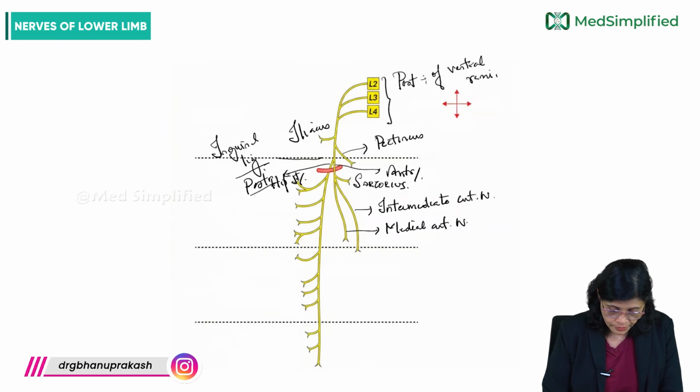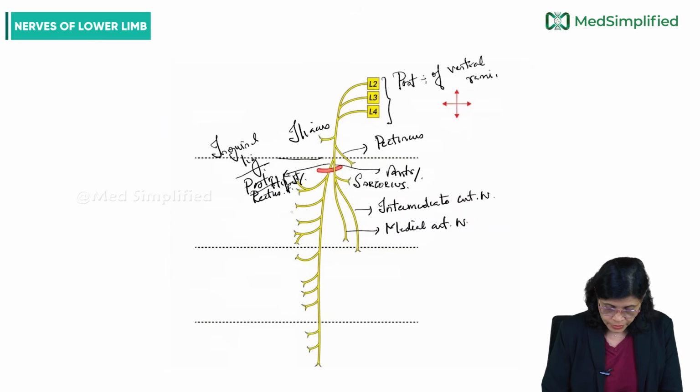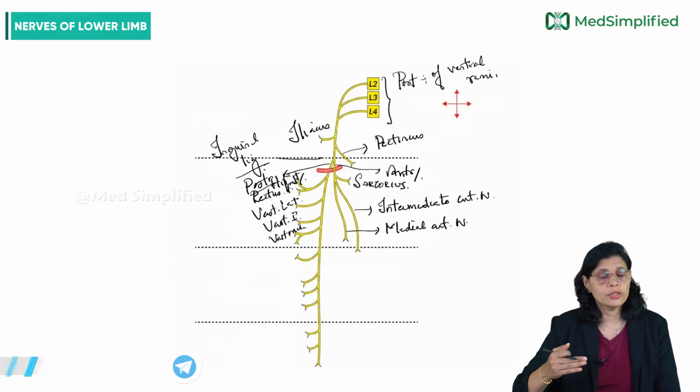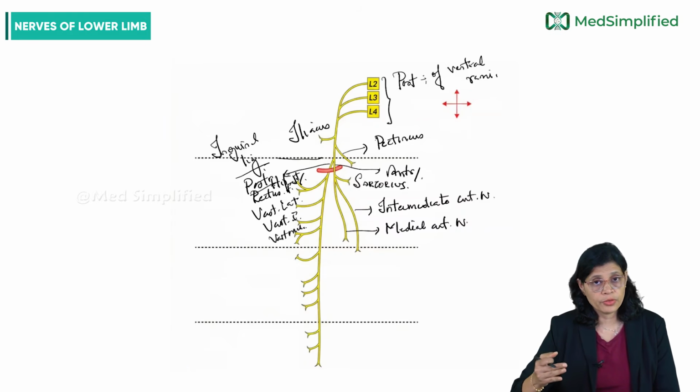So we have the rectus femoris, then vastus lateralis, vastus intermedius, and the vastus medialis.